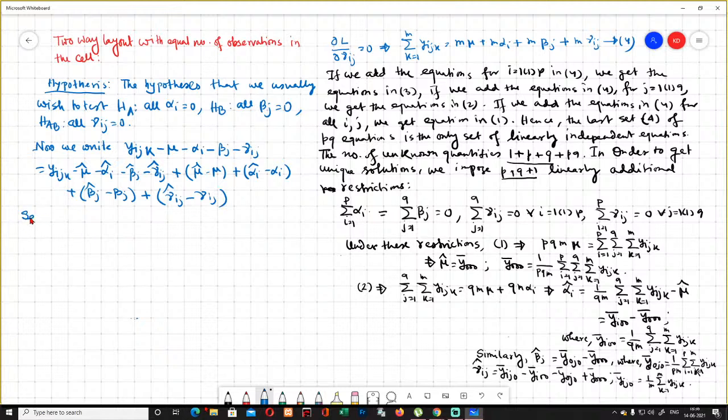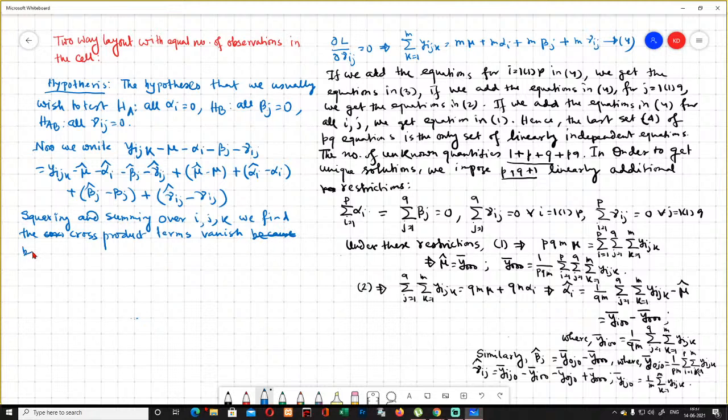Now squaring and summing over ijk, we find that the cross product terms vanish because of the side conditions.